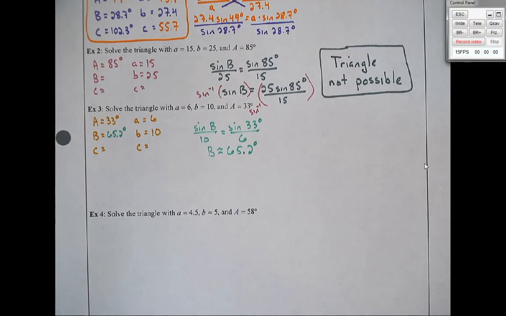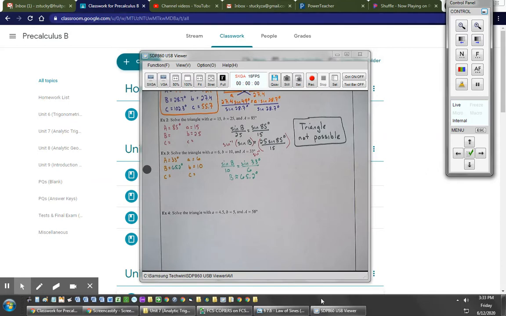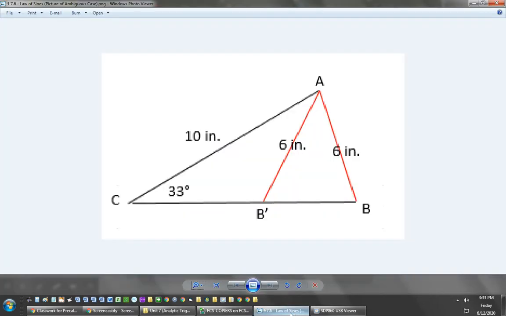It turns out that sometimes when we do the law of sines, we can get more than one answer that actually works. So remember, if you look back at this example, we had a triangle with a 33-degree angle. That's all we knew, is there's a 33-degree angle. We knew the side opposite the 33 had to be a length of 6, and then some other side had to be a length of 10. Well, here's this length of 6 with an angle kind of pushed in, and I get a legit triangle.